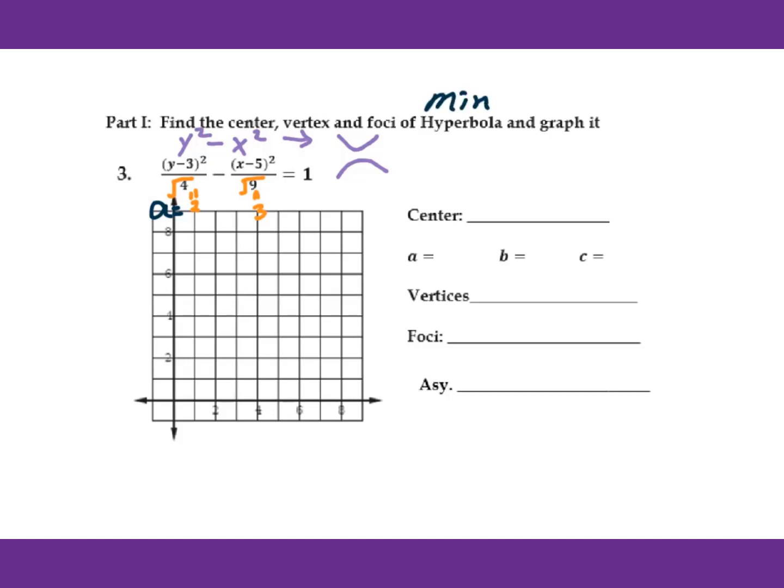The keyword for hyperbola is the medial end. For the center, the number with the x is h, and this is k. Both are squared, meaning opposite signs. Therefore, I have (5, 3). So a equals 2 and b equals 3.